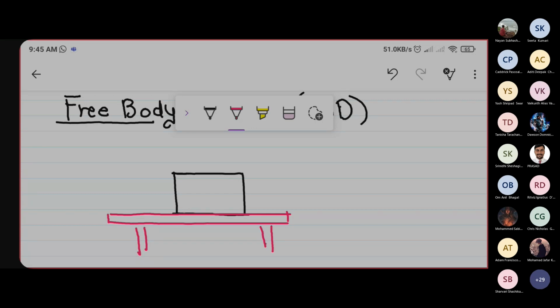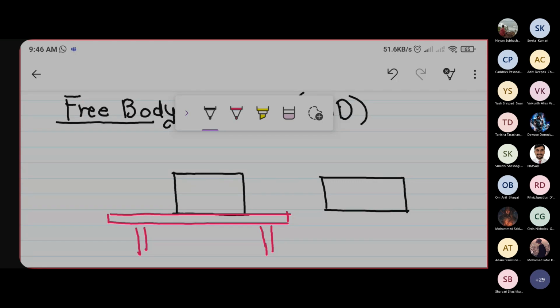Now we know that if we remove this table, then what will happen? The block will fall, right? So that block should not fall. That's why this table is applying a force in which direction, upward or downward?